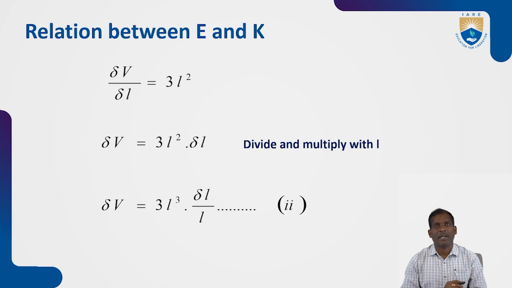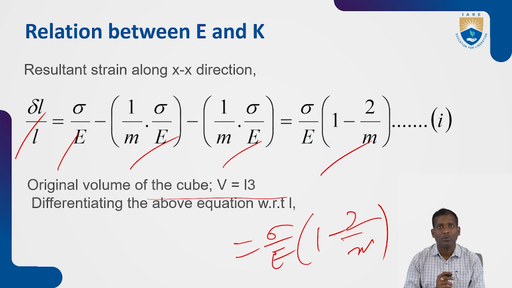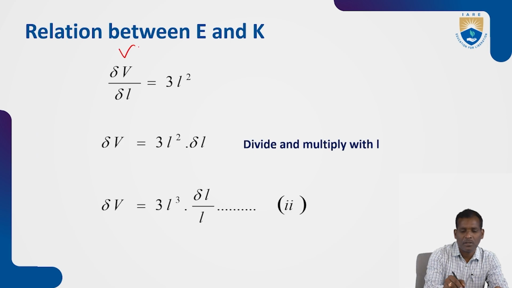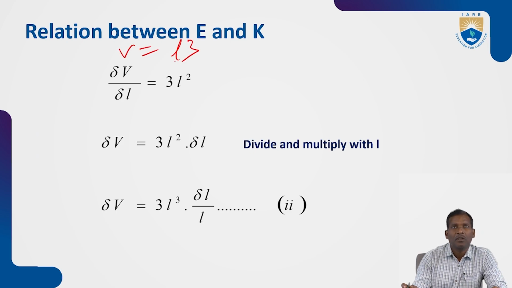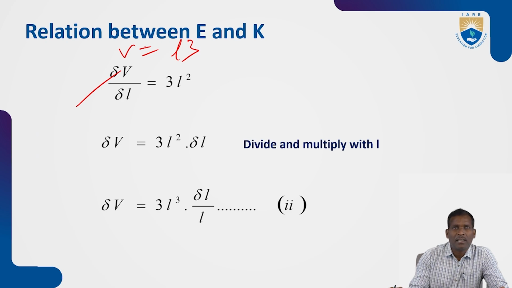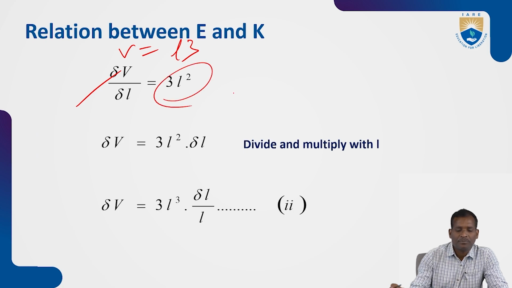Now differentiate the original volume equation with respect to L. The original volume V is equal to L cube. So now dV by dl, or delta V by delta L, that is change in volume with respect to L, is 3L square.